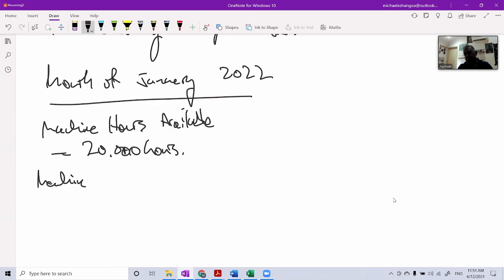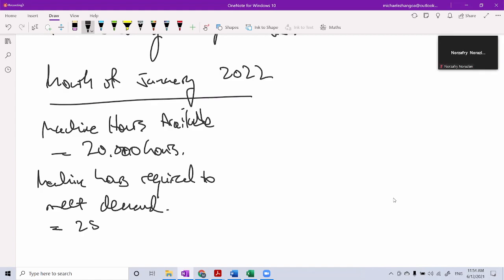But let's say machine hours required to meet demand is 25,000 hours. So what we have here is what we call a binding constraint. I need 25,000 hours, but I only have 20,000 hours.